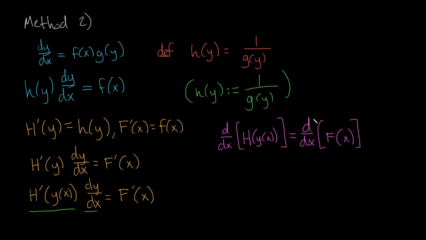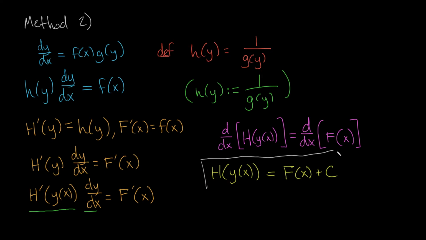If we have this, we can say confidently then that the functions simply differ by a constant, because the only thing that could get deleted here is a constant, and this is just equivalent to what integration says. We could say these functions must differ by a constant, therefore H of y of x simply equals F of x plus some constant.